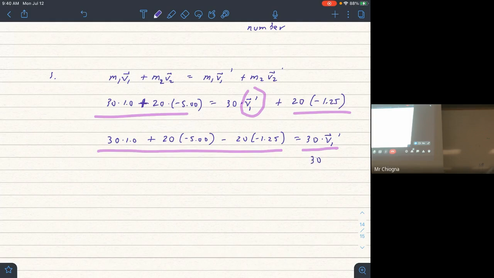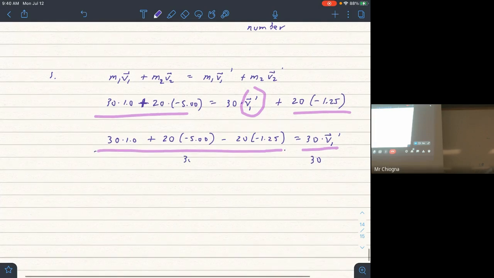Remember, when you're dividing more than one term, draw a line underneath all the terms like I did on the left. Draw it all the way over to the right. And the 30 will cancel out. That's how you get your V1 prime. And you get 1.5 to the left. You can put negative or to the left.